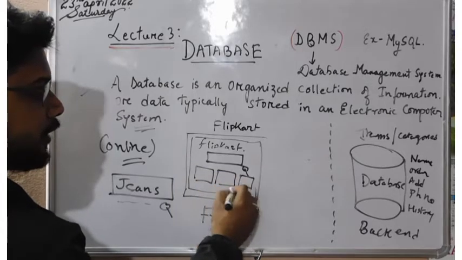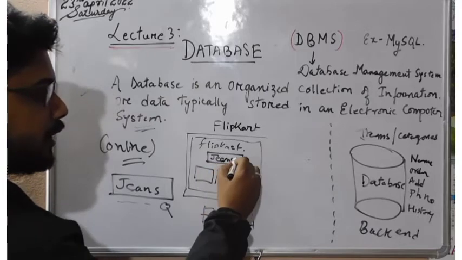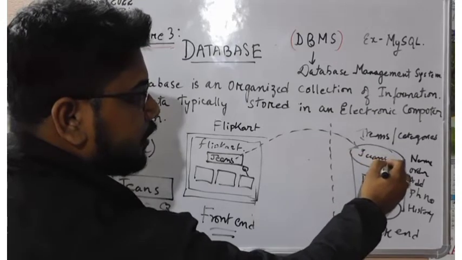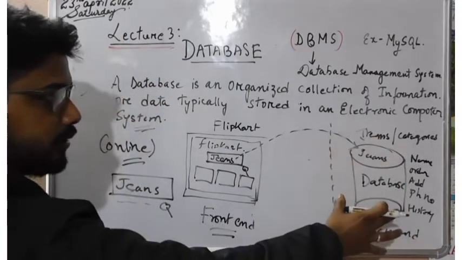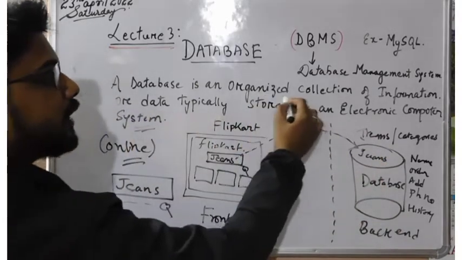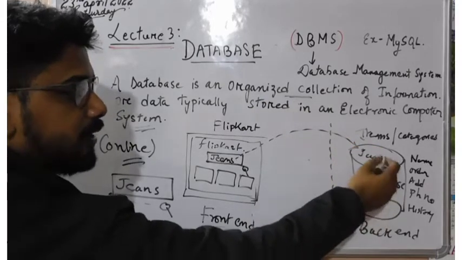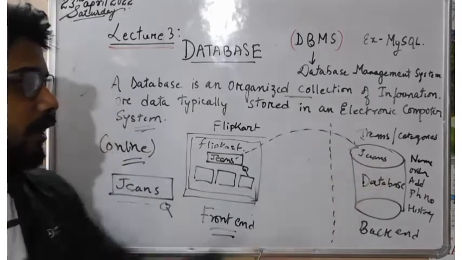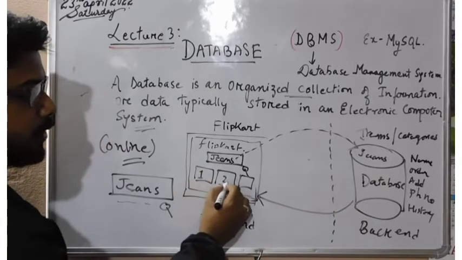That means whenever you type the word jeans, it goes and looks for jeans in the database, which is like a storehouse where the information is stored in an organized way. When it finds all the details available for jeans, it displays them here, like item 1, 2, 3.